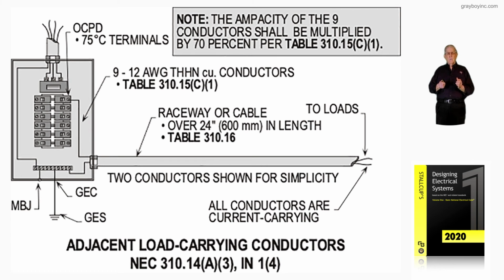So all we're saying in this illustration is that we have to derate if we have more than 3 current carrying conductors in the raceway in accordance with Table 310.15(C)(1) and Table 310.16, and that's what this Figure 8-5 is illustrating in NEC 310.14(A)(3), Informational Note 1, Item Number 4.